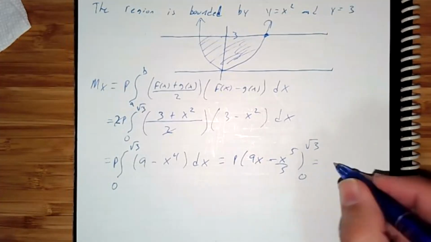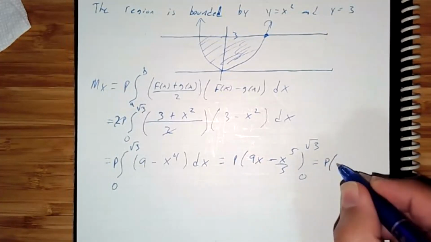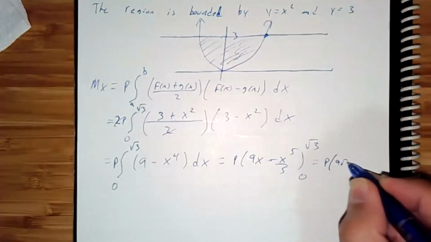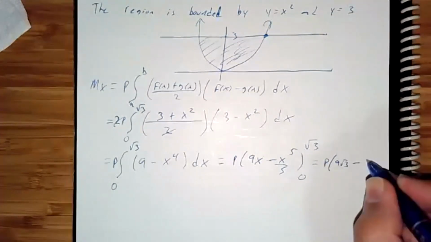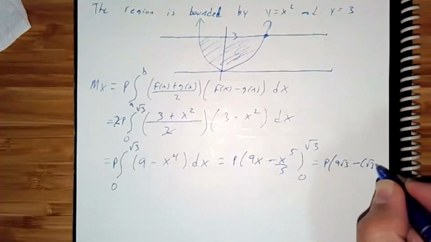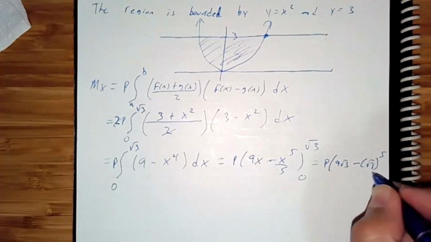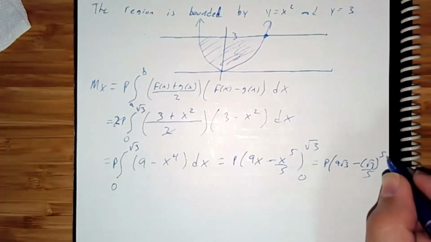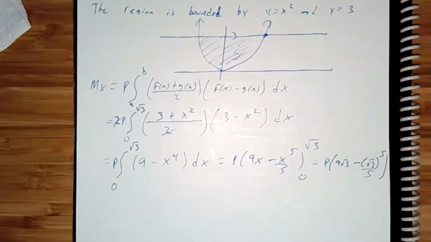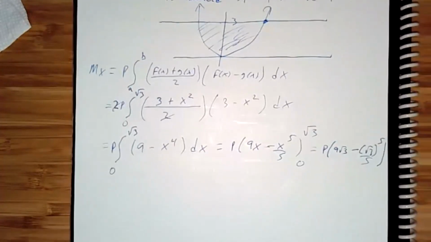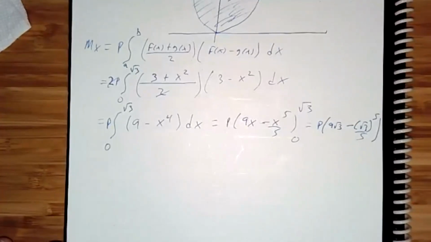So that will be rho times 9 root 3 minus root 3 to the 5th over 5. All right, so we'll deal with that later. So that is the MX.